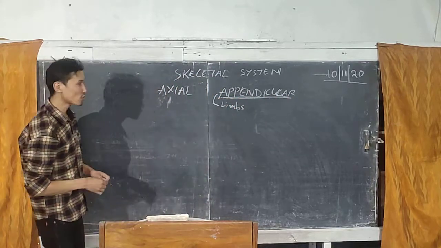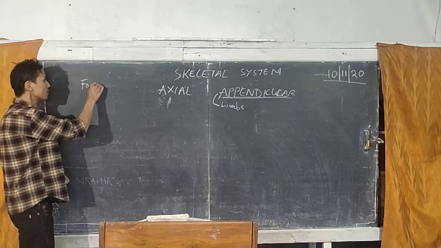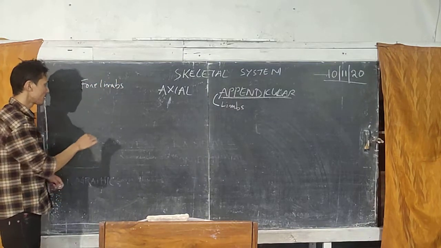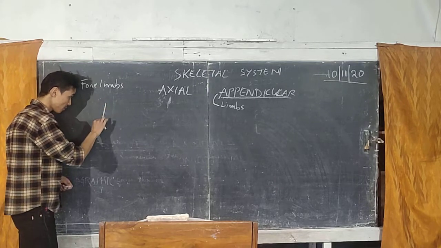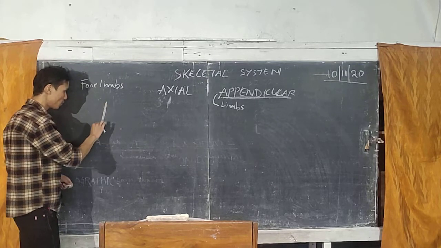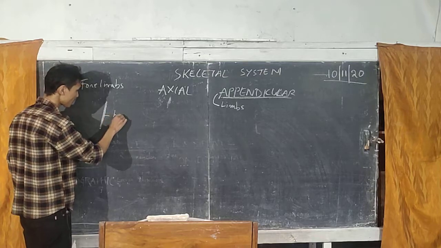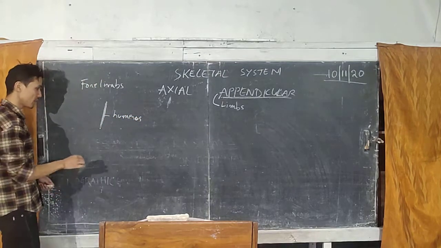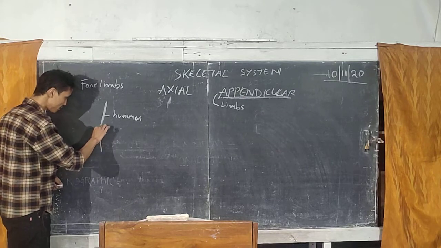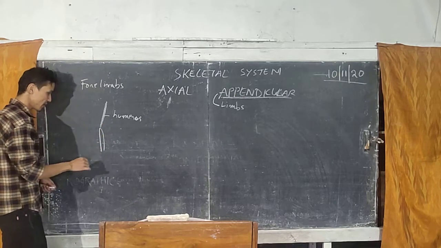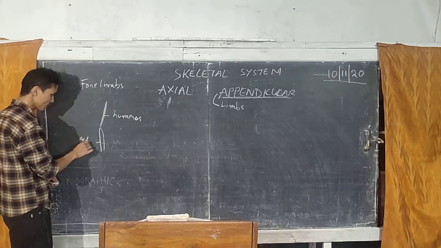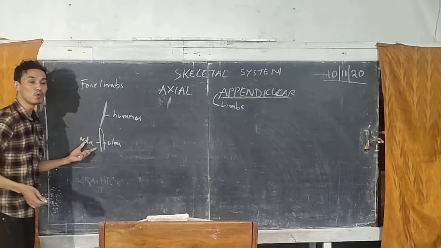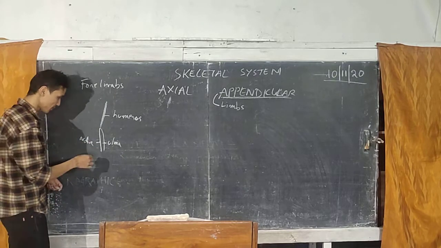The hands are also known as the forelimbs. It basically starts with a long single bone called humerus in the upper arm. Then it continues into two bones called the radius and ulna. The radius is the bone which is closer to the thumb.